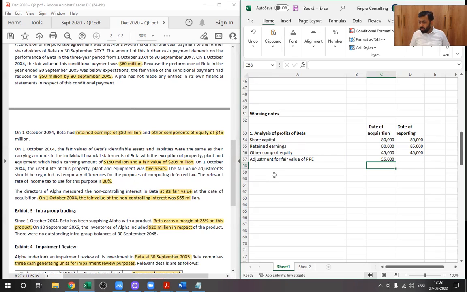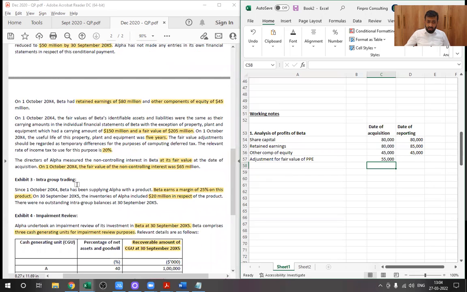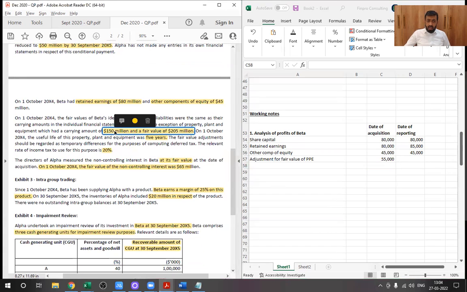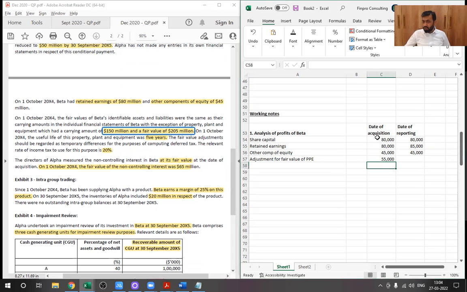Are you getting my point? I have already considered 150 million as the carrying value as a part of these net assets. So I have to adjust the fair value difference only, to get the fair value of the net assets. Am I making sense here?